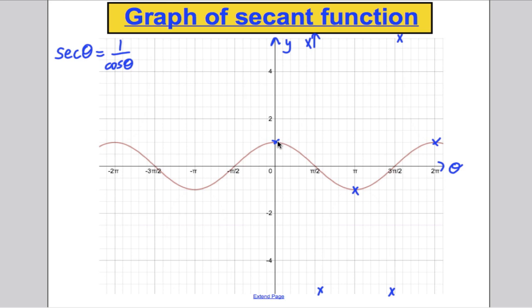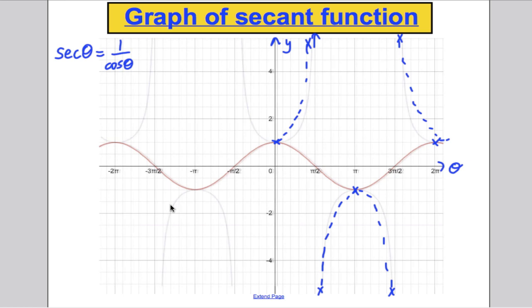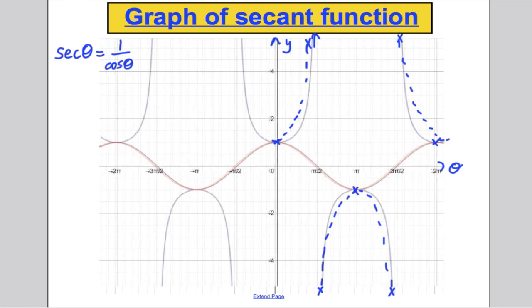So you might get the impression that the graph is starting to look something like this. You might imagine that if you plotted more points in there, the graph might look something like that, and it might continue onwards. So let's actually take a look at what the graph does look like. And indeed, the graph is looking kind of as we predicted. So I'm just going to rub out the bit of working we did previously here.